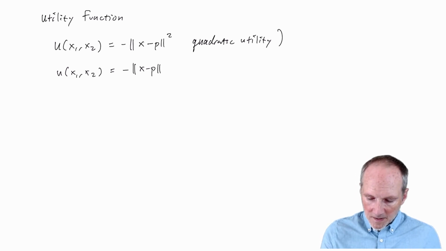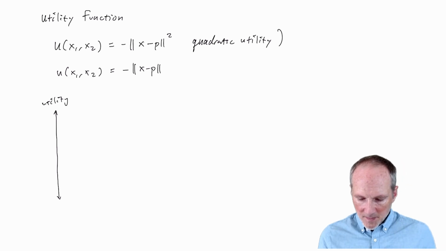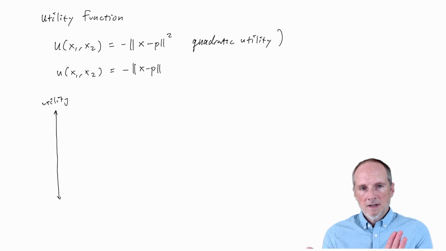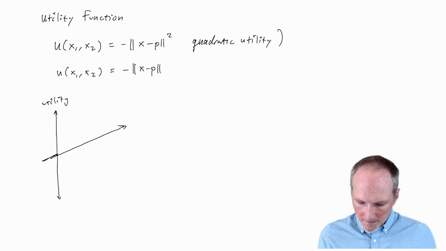What I would do is have a vertical axis for utility, and then I would take our two-dimensional Cartesian plane and lay it flat, like so.